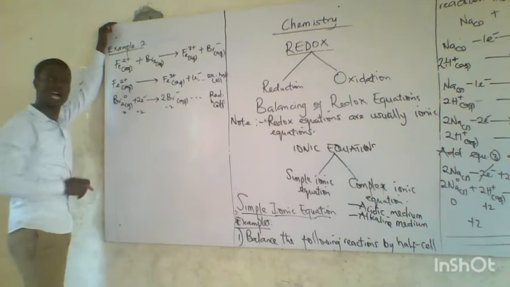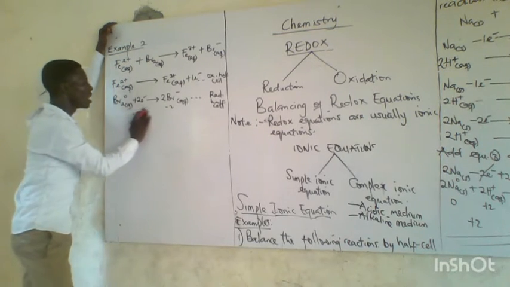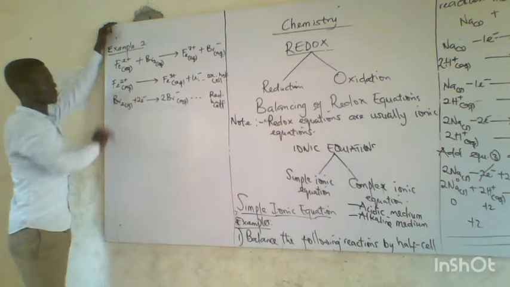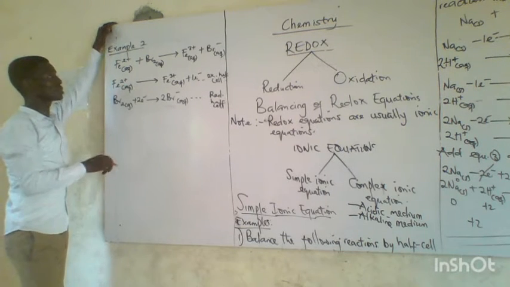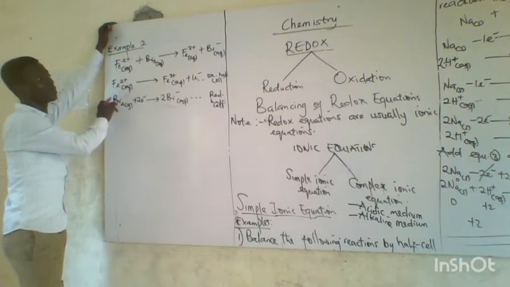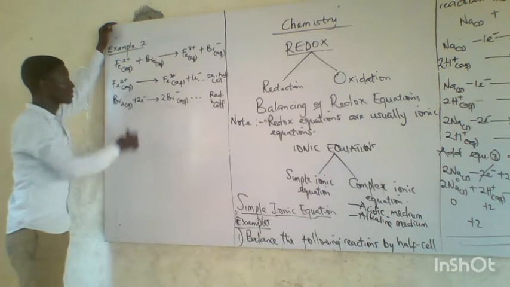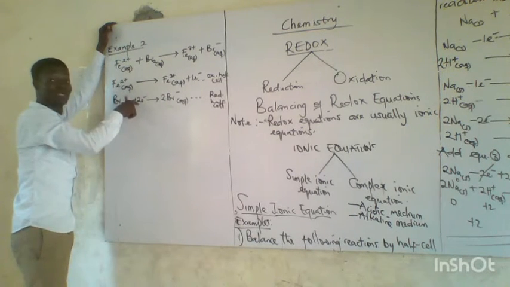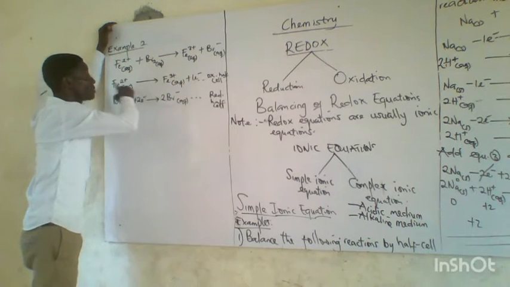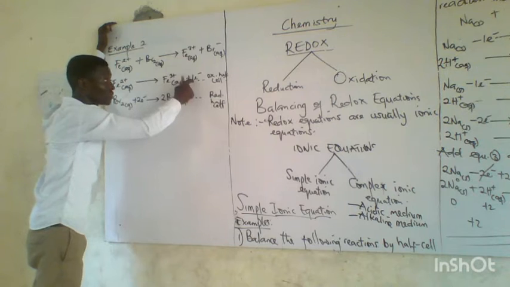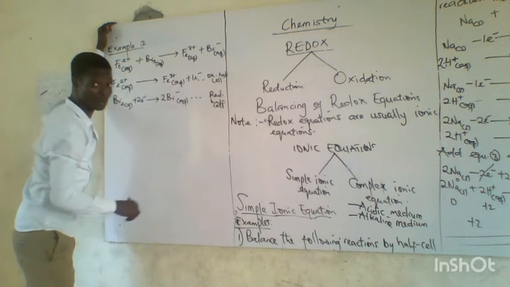Hence it is ionically balanced. So having done that, I don't need the charge I added to the equation. I'll just multiply the coefficient of electron here times the coefficient of this reaction. So can we do that now?